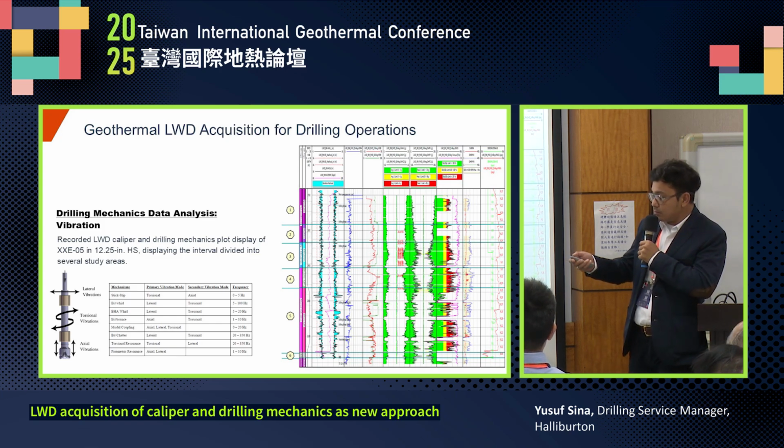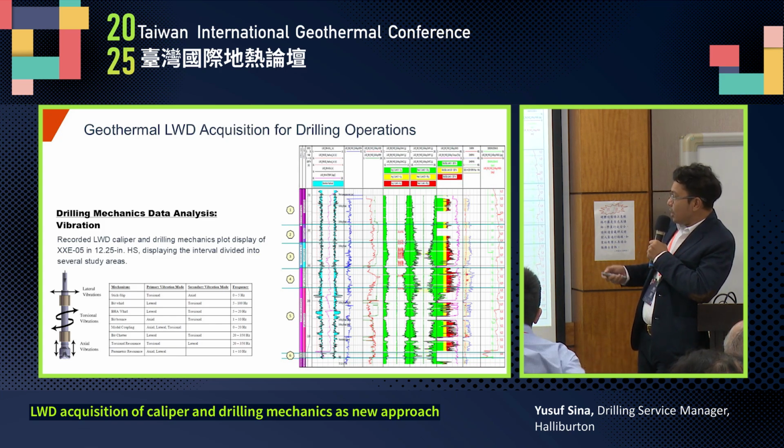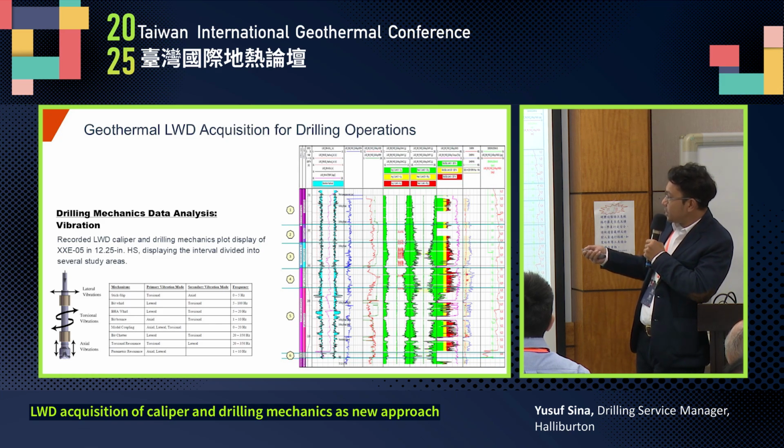By having this traffic light system, we can easily identify along the whole interval where the spots are that have high and very high vibration, right? Here we divide it into 6 different sections or areas.